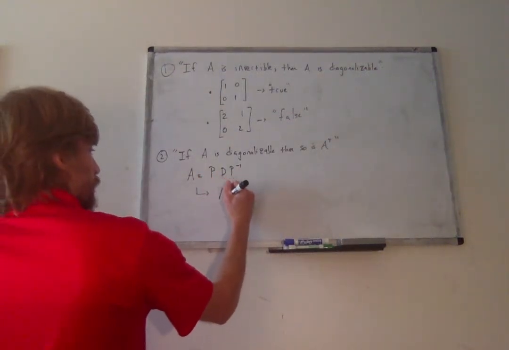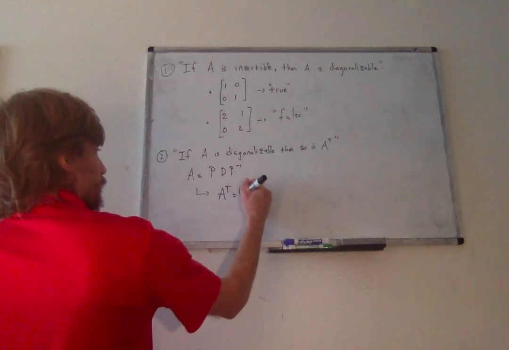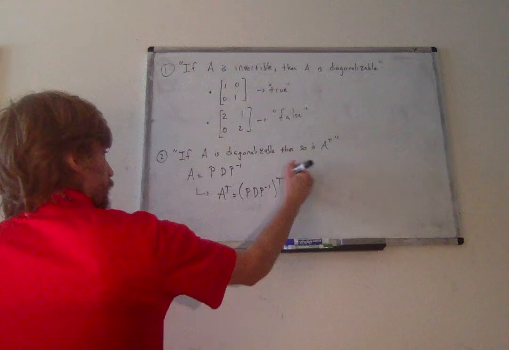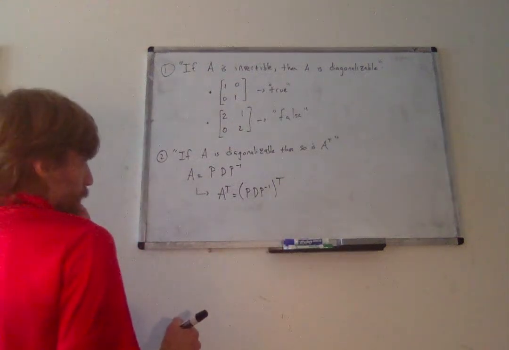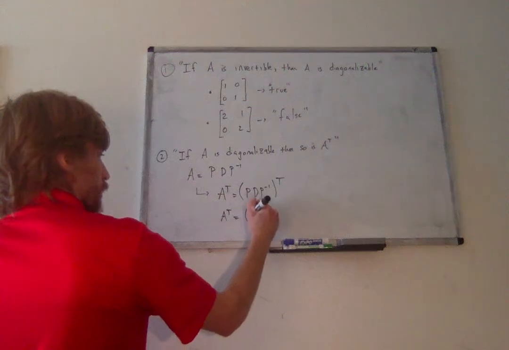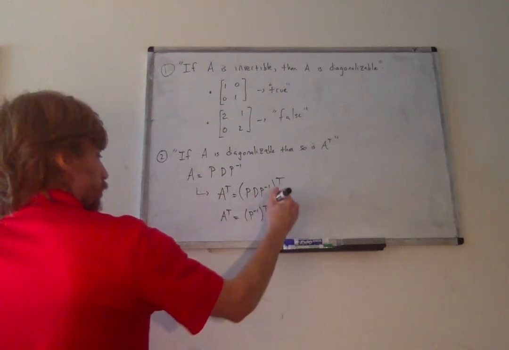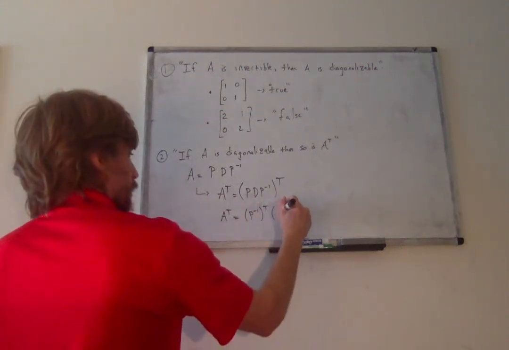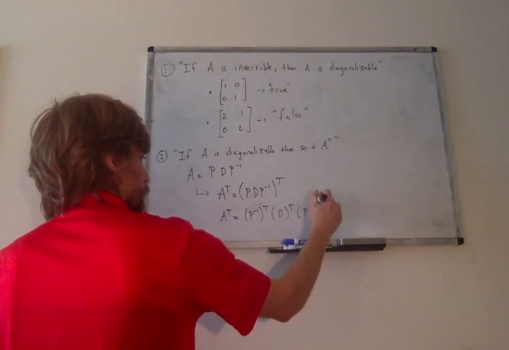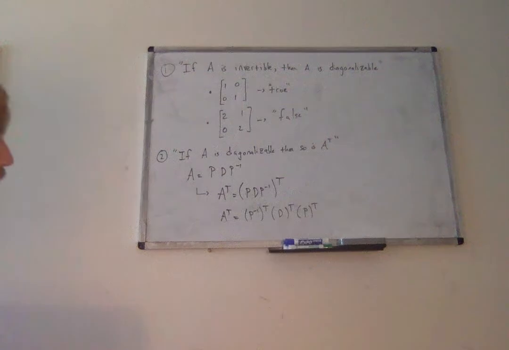So what I'm going to do is I'm going to take the transpose of both sides. Well, remember, the transpose I can distribute across these matrices as long as I just switch their order. All right.